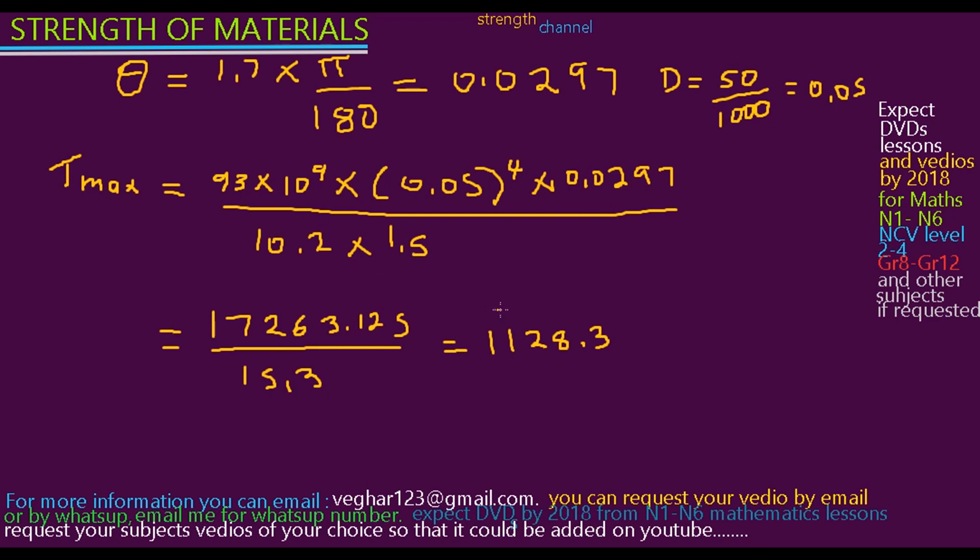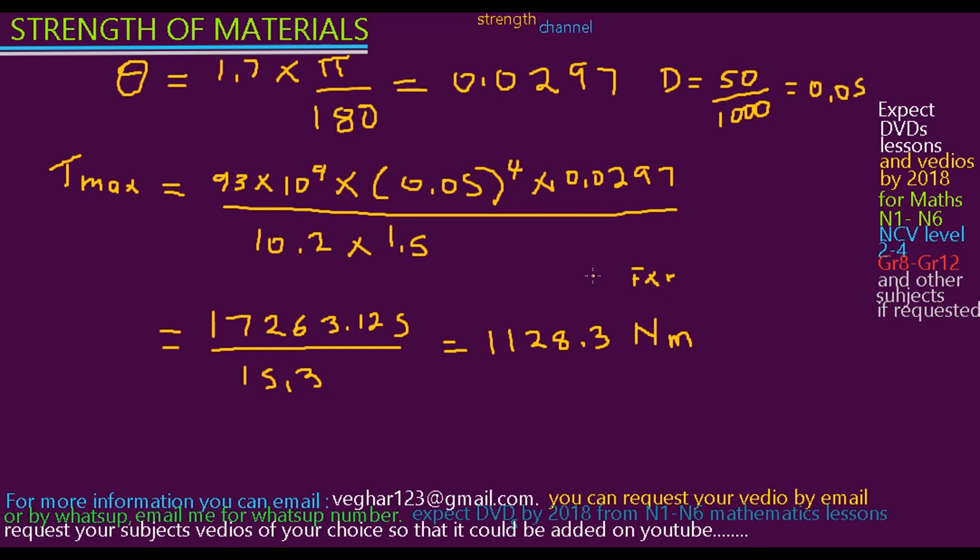So the unit for this one is Newton meter. Newton is for the force, meter is for the radius, same as force times distance. If you don't know the unit, you can also find it from this one.